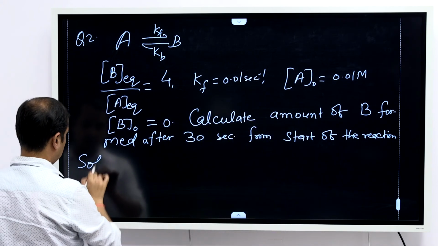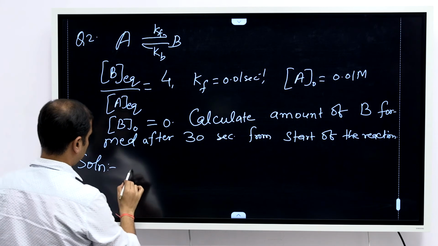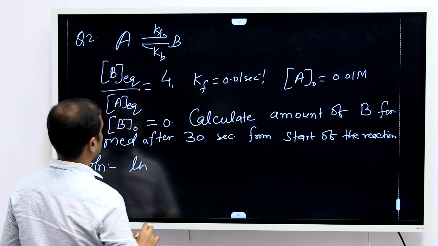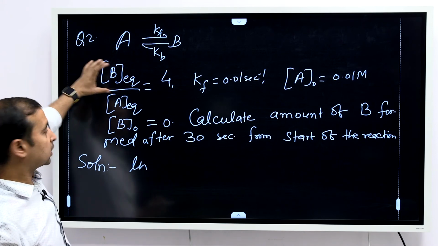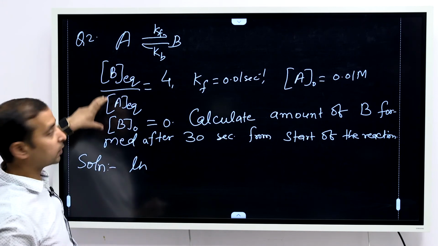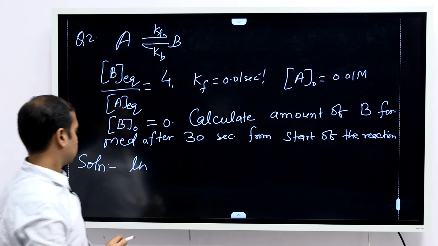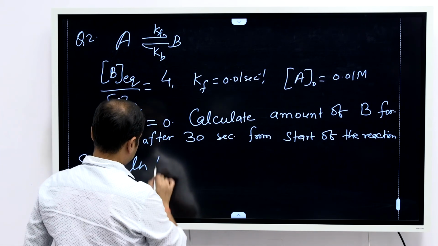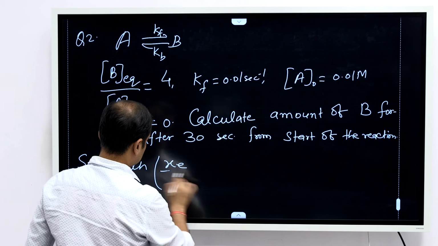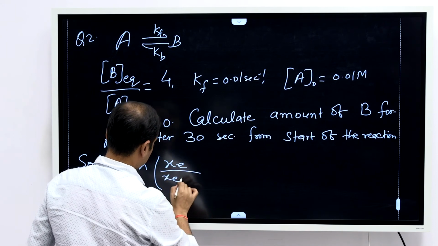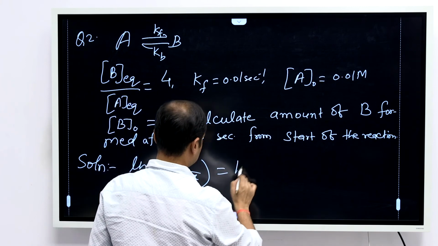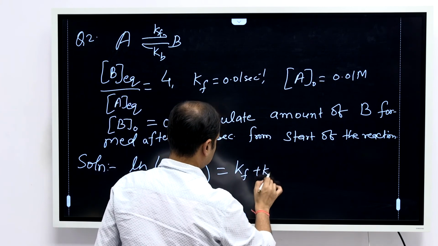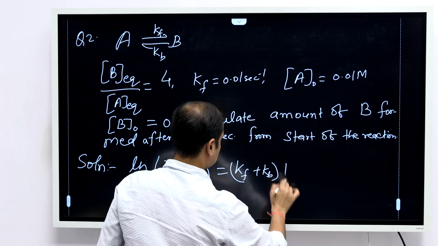So again we have to use the same formula. We have the ratio of concentration of B equilibrium to A equilibrium, which is again Kc. So we have to again use the same formula: ln xe upon (xe minus x) is equal to (kf plus kb) into t.